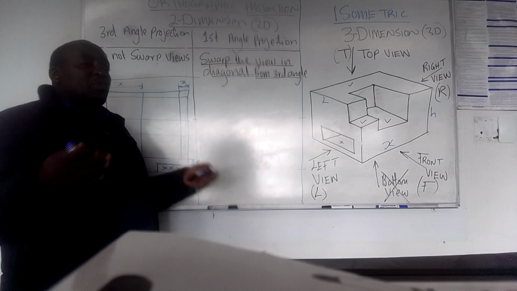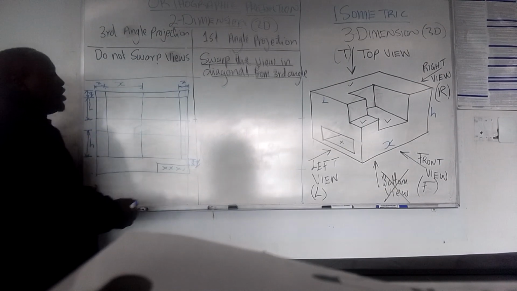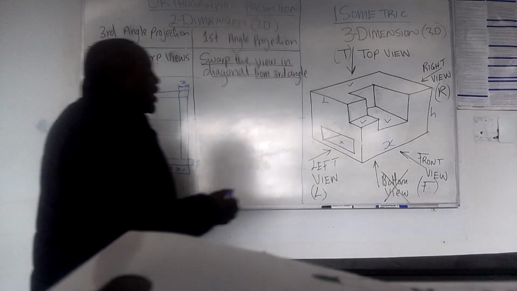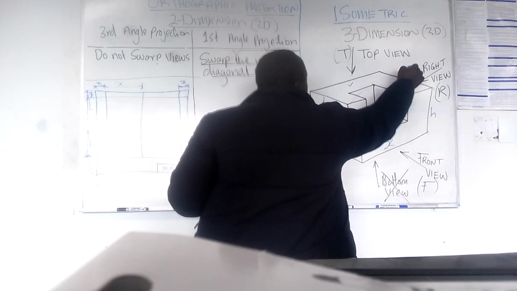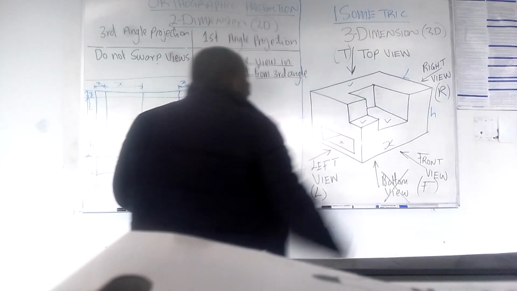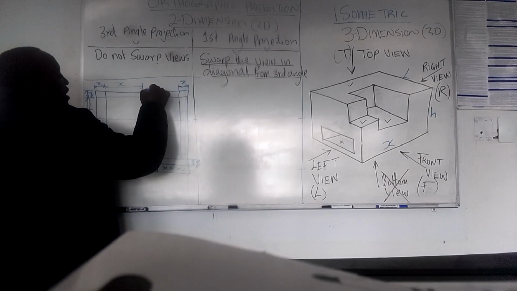If the drawing is smaller, you can make them the same. But I would advise you, play with the measurements of your drawing. Then now I'll measure. Oh, sorry, L is this length, not this smaller one. I'll come here, measure L.